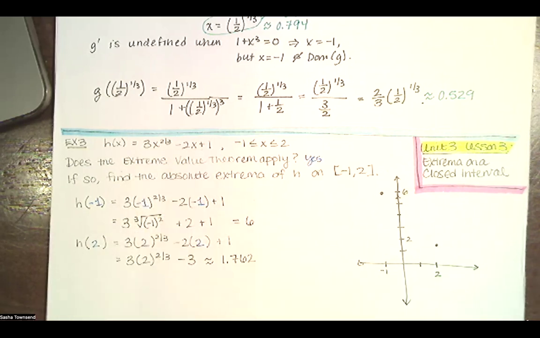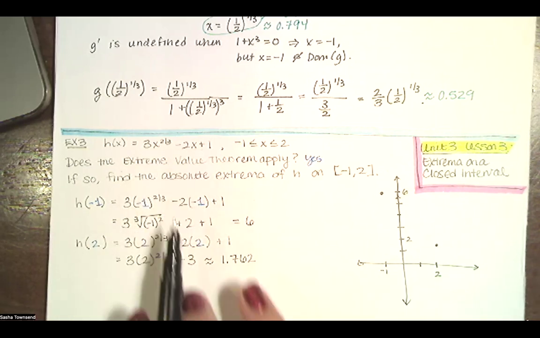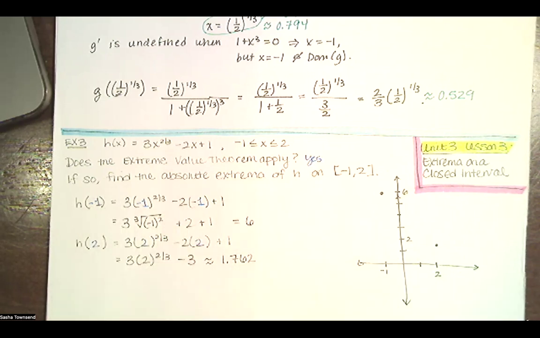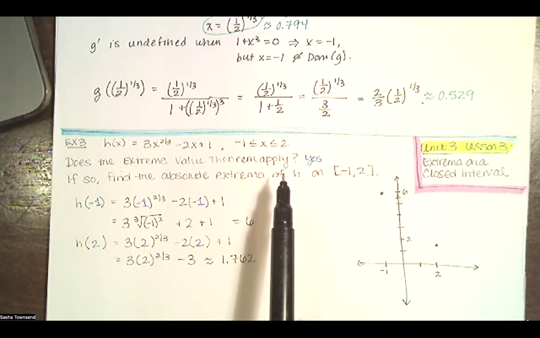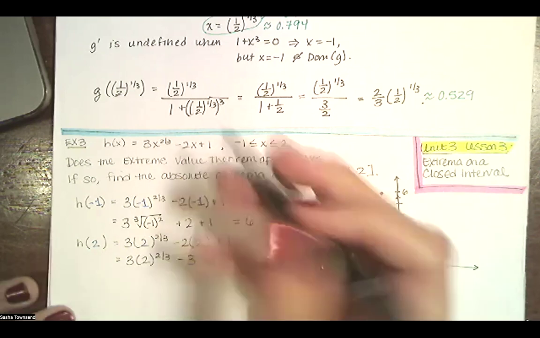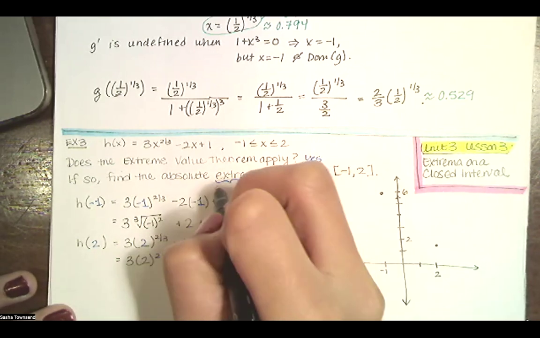And we're still dealing with this function right here. The question says, okay, find the absolute extrema on the interval. Well, the way we find the absolute extrema on the interval is we're looking for the absolute minimum value of the function on the interval and the absolute maximum value of the function on the interval. That's what extrema means.